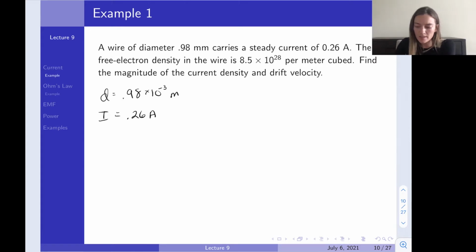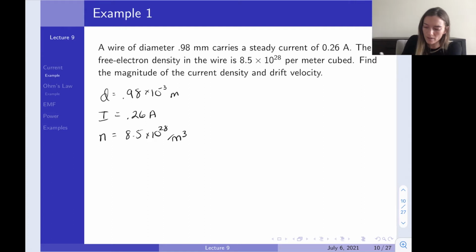The free electron density, so that's the number density, the density of our electrons in the conductor, in the wire, is 8.5 times 10 to the 28 per meter cubed. So N is equal to 8.5 times 10 to the 28. So that's obviously a huge number. Find the magnitude of the current density and the drift velocity.